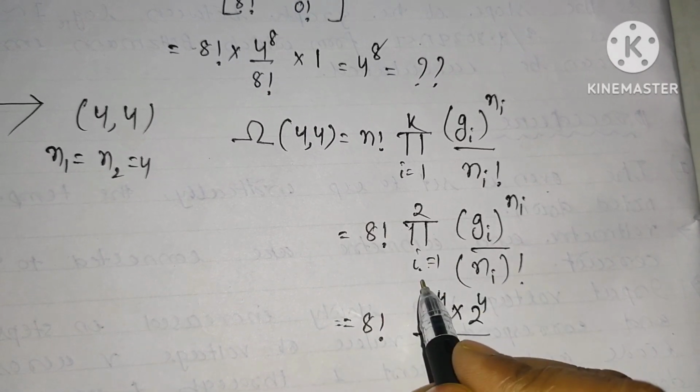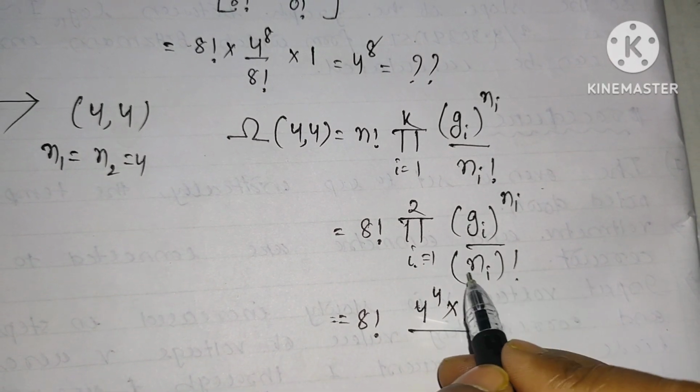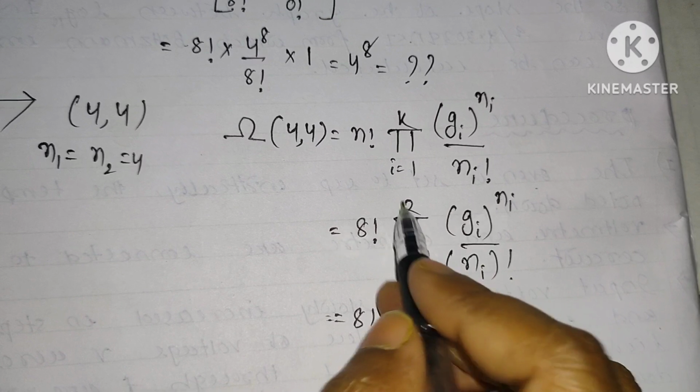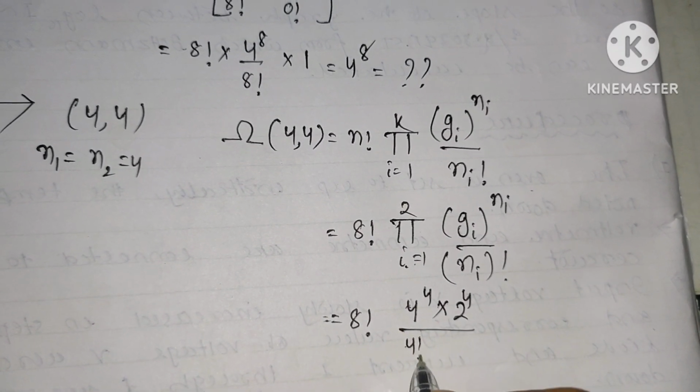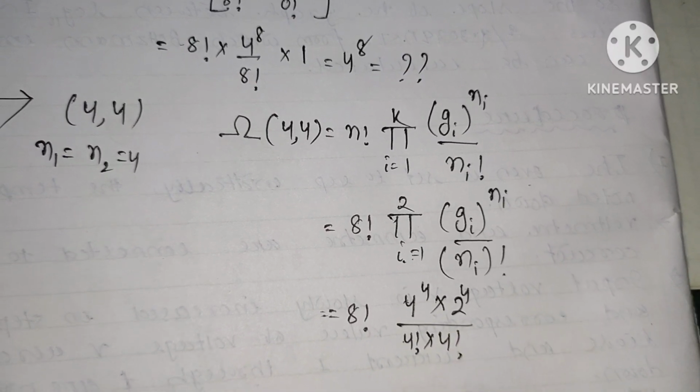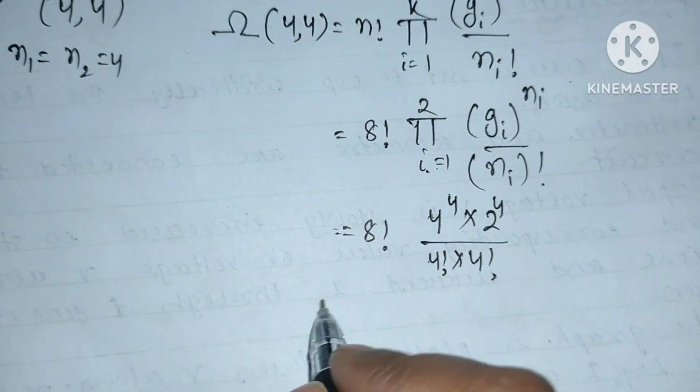This is the product symbol. So N1 is 4 factorial, and N2 is again 4 factorial. This much is clear.